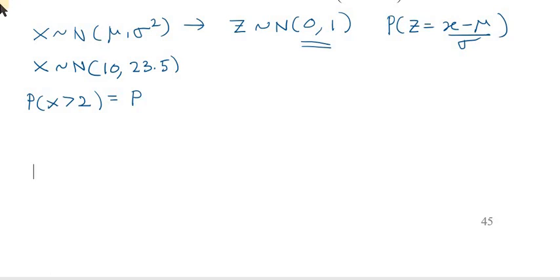Now we change X into Z. By using this formula, you follow the sign here, it is greater than, and X is 2. So 2 minus the mean, which is 10, and then divide by the standard deviation.